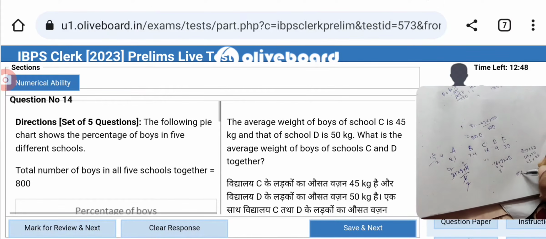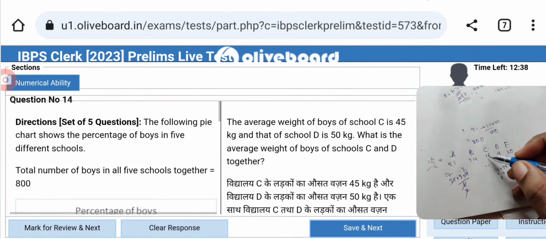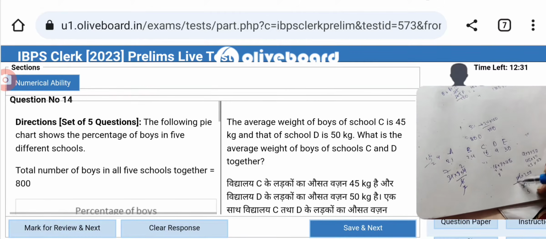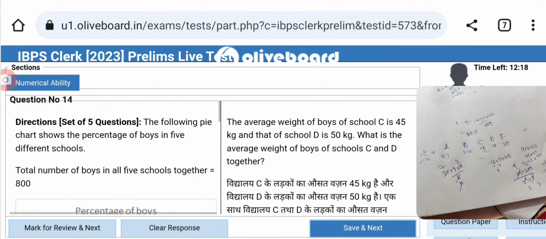So 45 into 208 by average, boys of C and D. 25 into 8. Okay, 5, 9. 2, 4s 2. So 26, 9. So 22, 4 by 5. So 44.